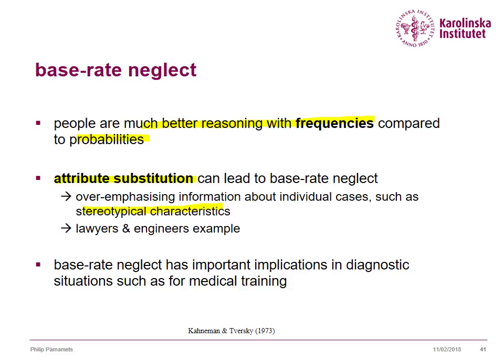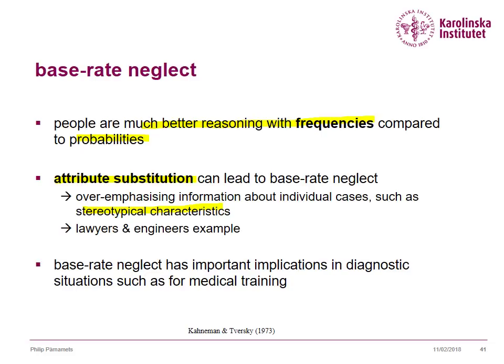They should instead have allowed themselves to be influenced by whether the person was coming from a lawyer majority town or an engineer majority town, so the judgments between the groups did not differ when they should have, because simply looking at the individual characteristics is not informative enough if you know that there is a certain base rate of individuals existing in the population from which you're drawing the sample.